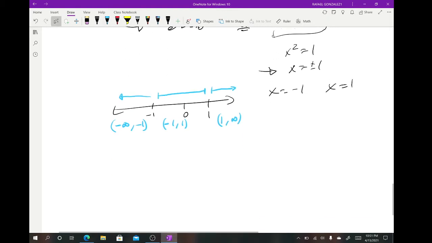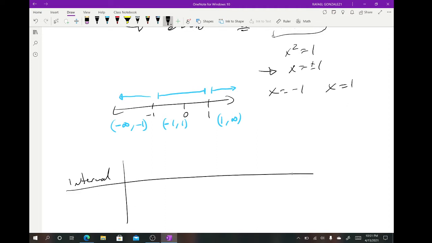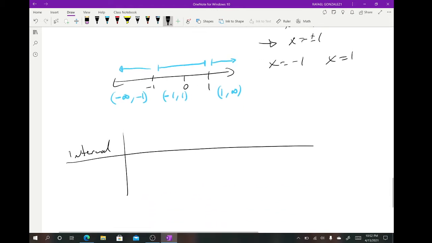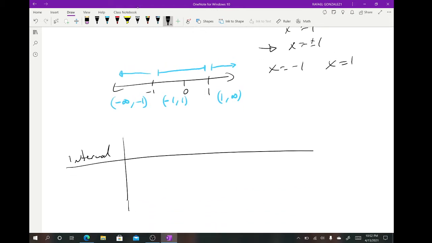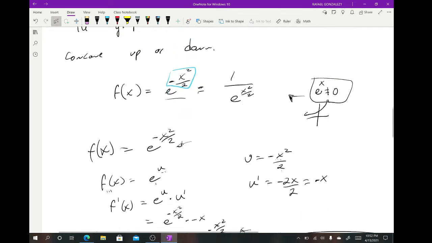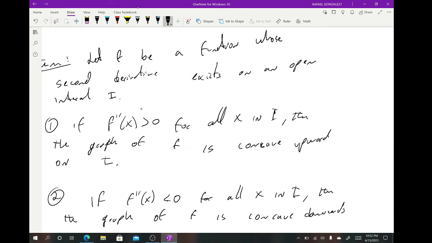So much like with the first derivative test, we could make a table, and we could actually determine, by using the second derivative test, whether the function is concave up or concave down. So let's see. I have the interval, we're going to pick a test value on that interval, and then we're going to find out the sign of the second derivative, whether it's positive or negative.